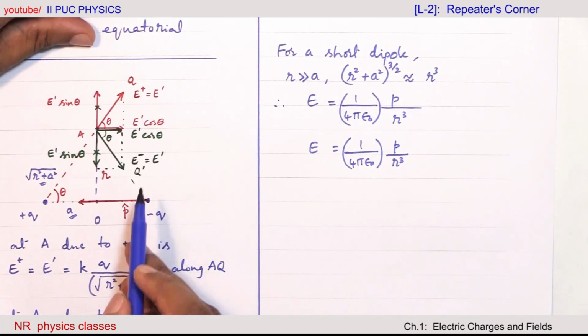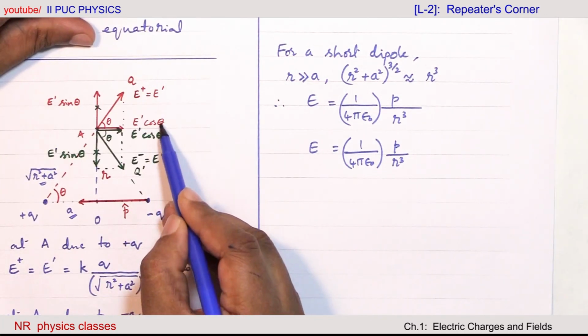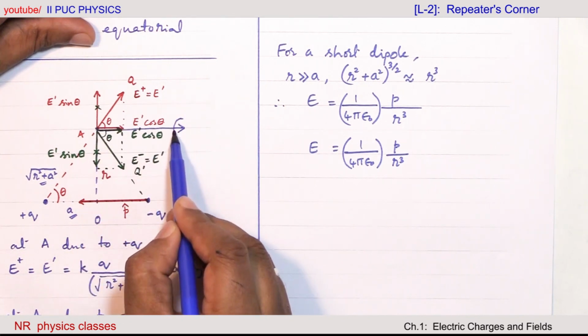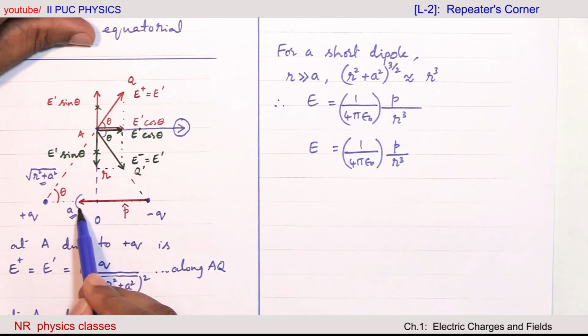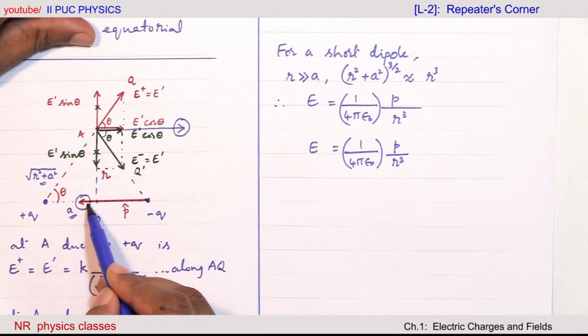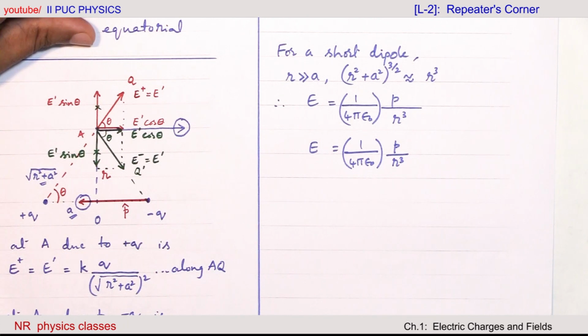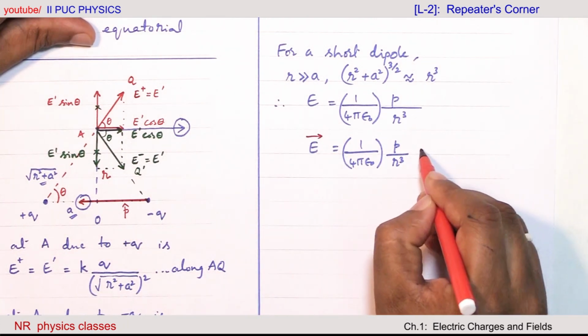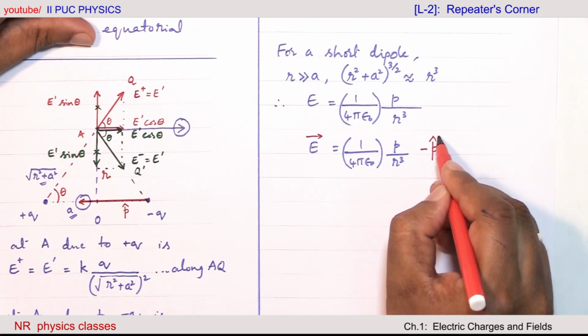Observe the diagram. Resultant of these two is in this direction, and this direction is opposite to the direction of dipole moment. These two are in opposite direction, which means if I write vector E, then I should write minus P cap.